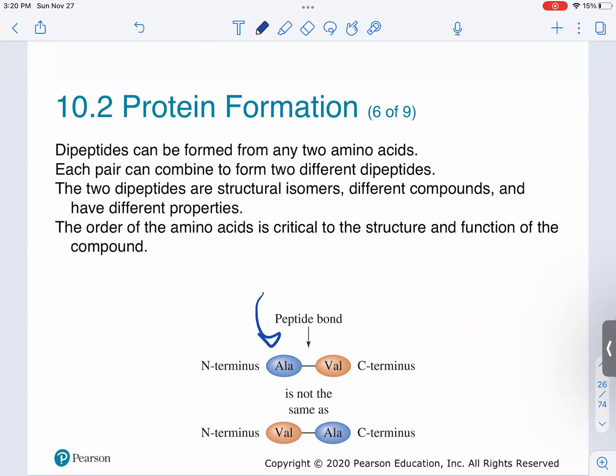If the structure changes, the function changes. Remember that. So structure is very important for function, and structure is all about the order of amino acids because that's going to affect how things fold, how those functional groups interact with each other, because you know that there are some major differences between those functional groups, being polarity, if they're, you know, acid or base, for example, acidic or basic, for example, or neutral.